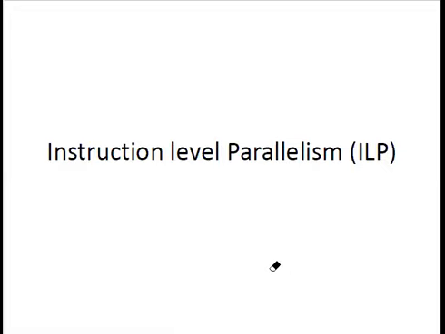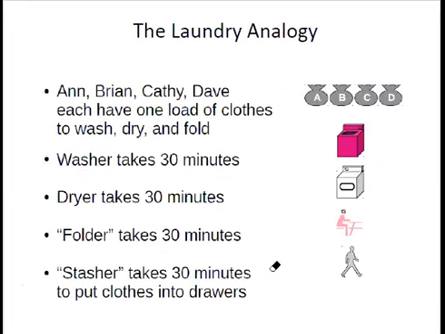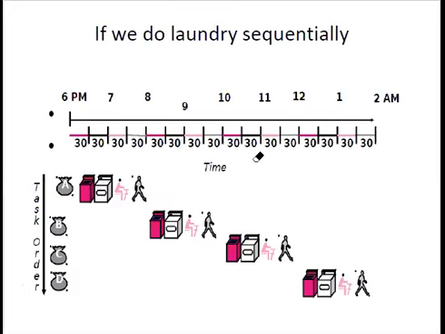The basic concept of pipelining was explained by using an analogy, an example from your daily life. They took a laundry analogy in which there were 4 steps. When those steps were carried out one at a time, we took longer.